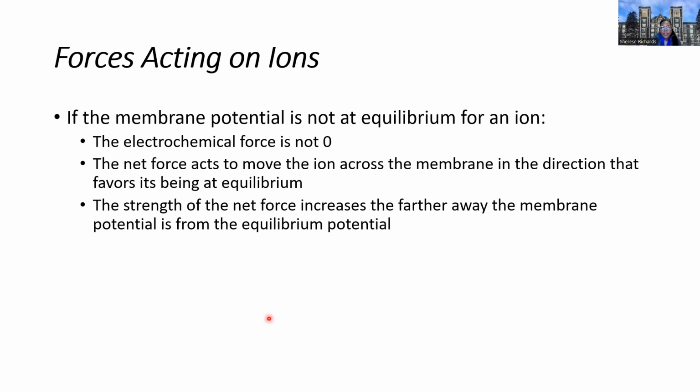Okay. Now, if the membrane potential in a neuron is not at equilibrium, then the electrochemical force is not going to be zero. In other words, there's going to be movement of the ions in whatever direction favors the ion getting closer to its equilibrium potential.